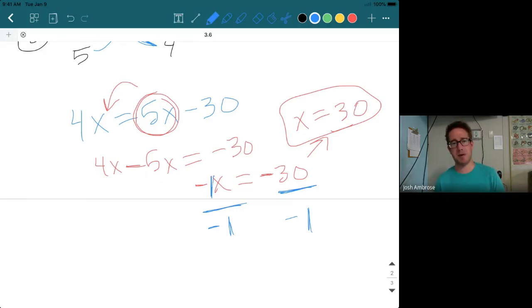Negative 1 divided by negative 1 creates 1. There's x. And negative 30 over negative 1 creates now a positive 30. So that's the math behind it. But if you just remember the simple trick, change the variable to a positive. Whatever the other number is, change it to the opposite sign. That's going to work for you.